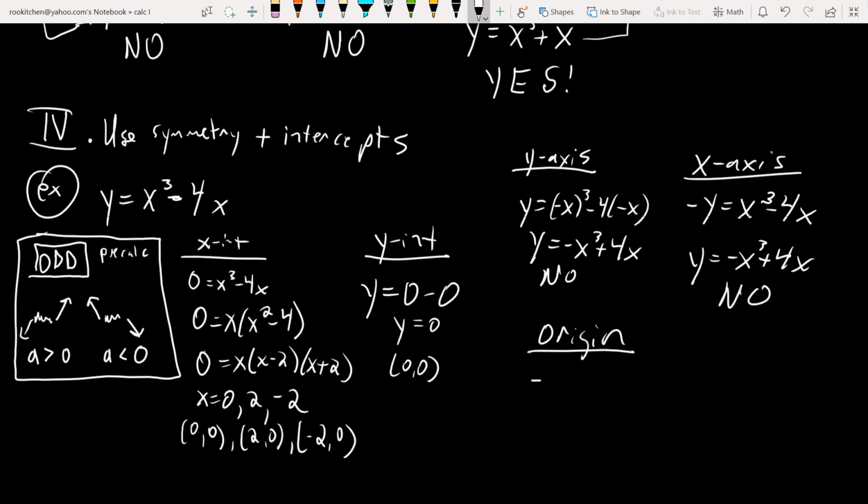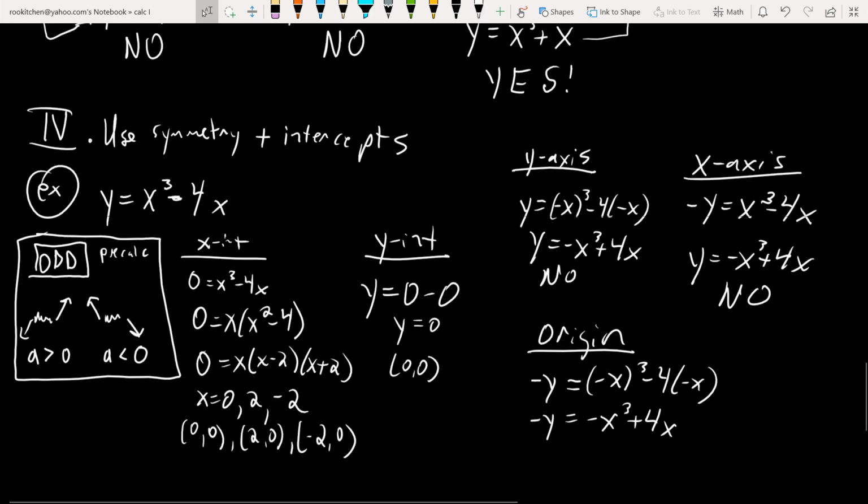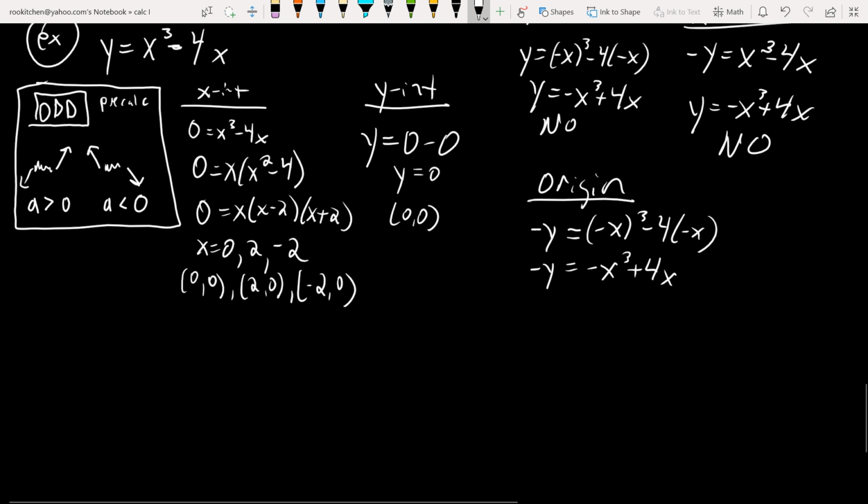So this time replacing both x and y with negative x and negative y. Again, multiply both sides by -1, and I end up with y is x cubed minus 4x, which is the same as the original, so it has origin symmetry.